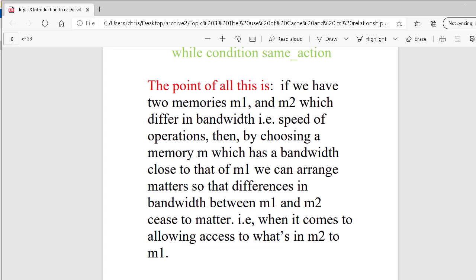I don't have to wait for slow M2 to be read and for the data or the instructions output from M2 to have to be transported all the way back to M1 using the data bus. In other words, if I put what I need to be fetched from main memory into local high-speed memory M, there's going to be a big speed advantage.